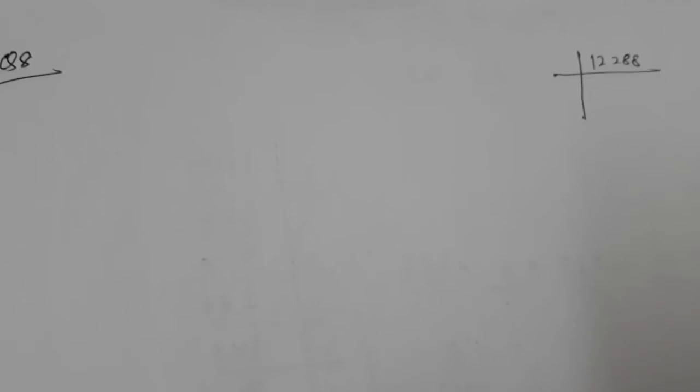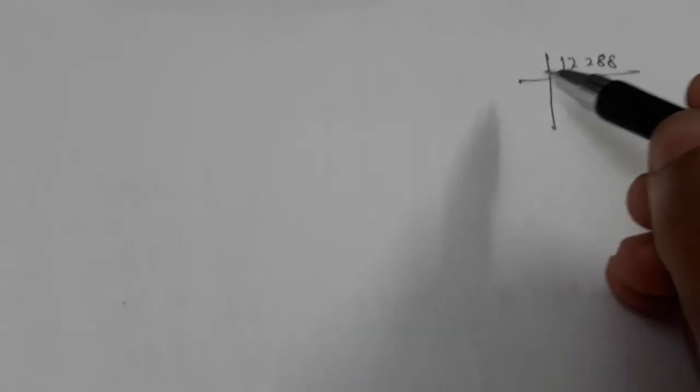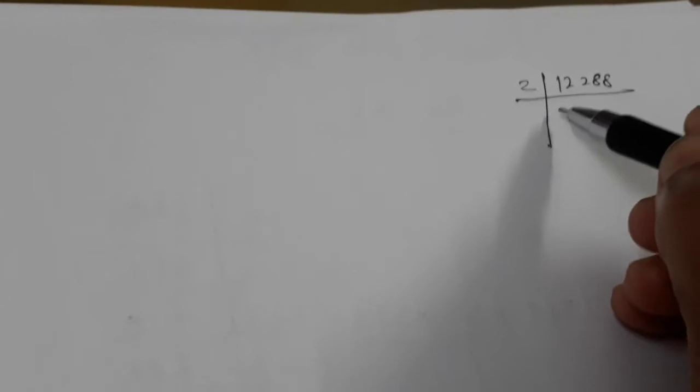For the first step we have to take the prime factorization, or we can say we have to take the LCM of 12,288. It will go by 2 only, 6144, then 3072, then 1536.